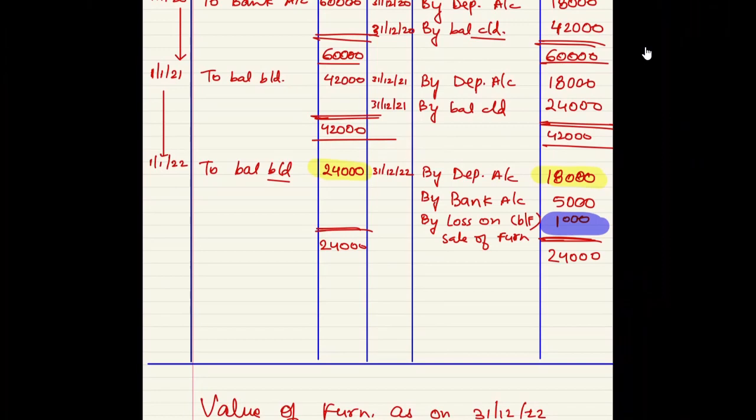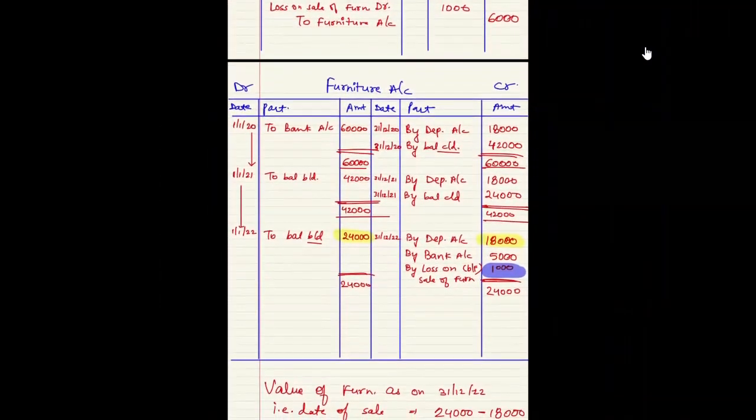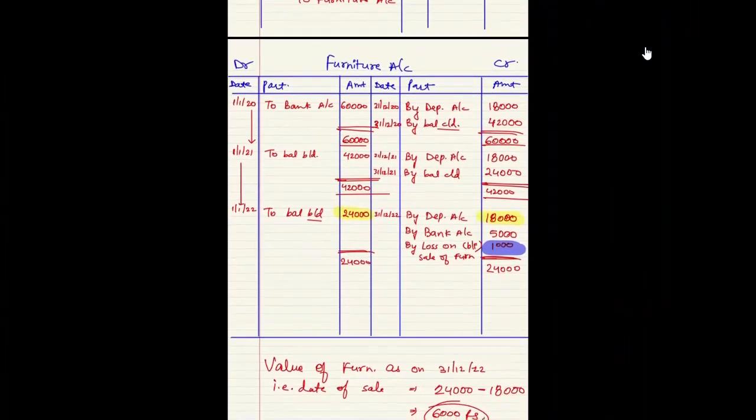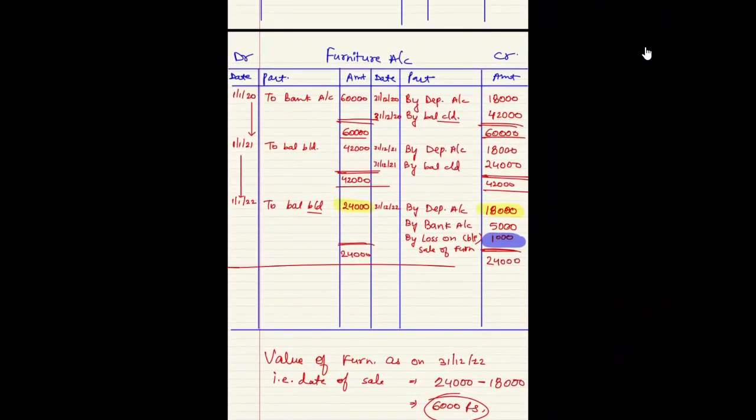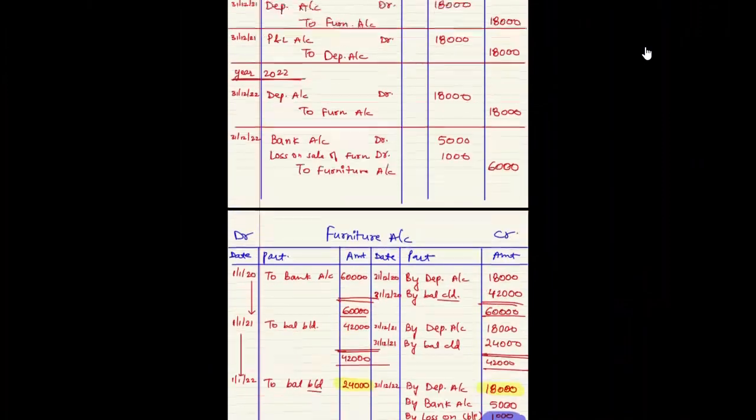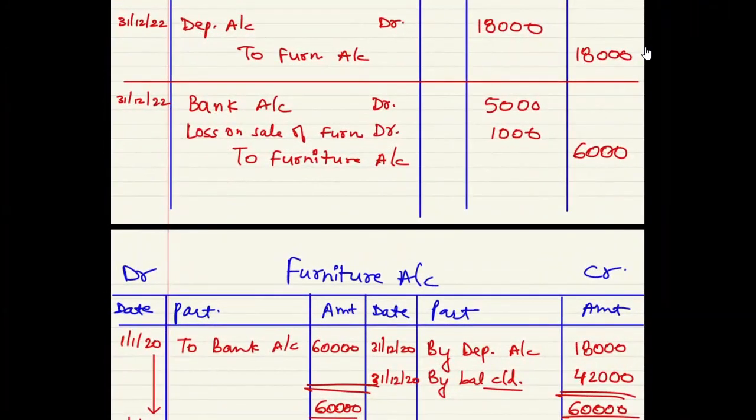Where will this loss go? This loss will go to the P&L account, and depreciation will also go to the P&L account. So my furniture account is now fully closed. But in the journal entry, I have booked the loss right now. Now I need to transfer it to P&L along with the depreciation.